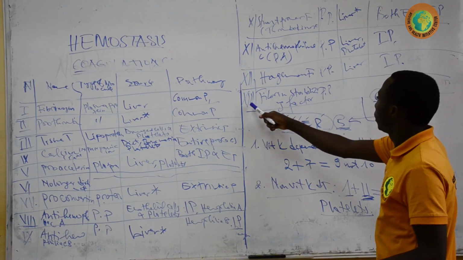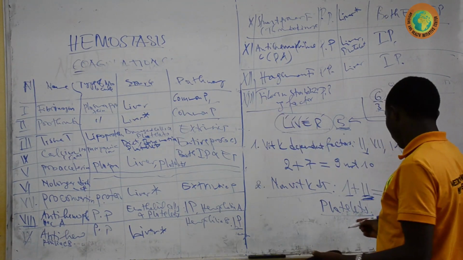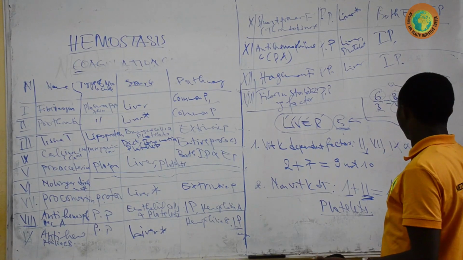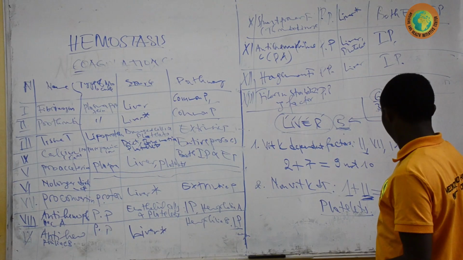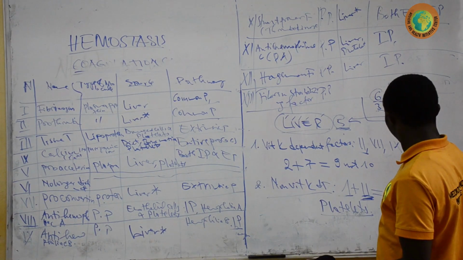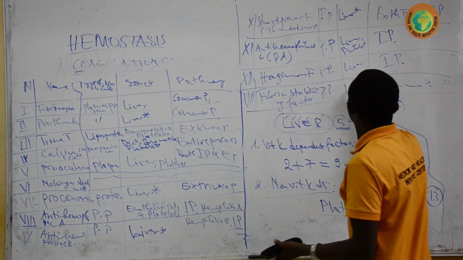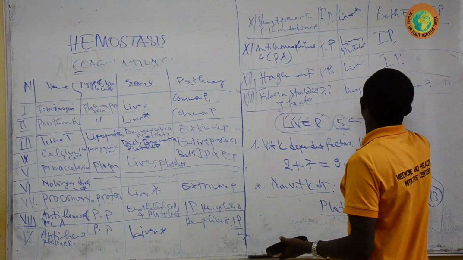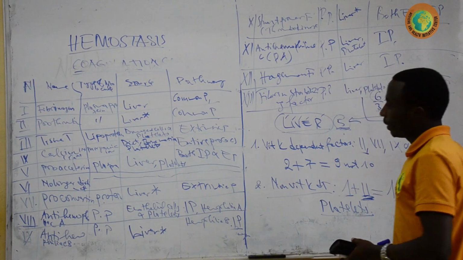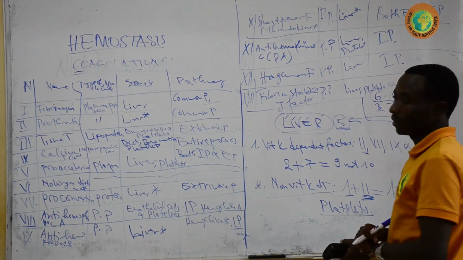And factor 13 is produced by the liver and platelets. Liver and platelets.